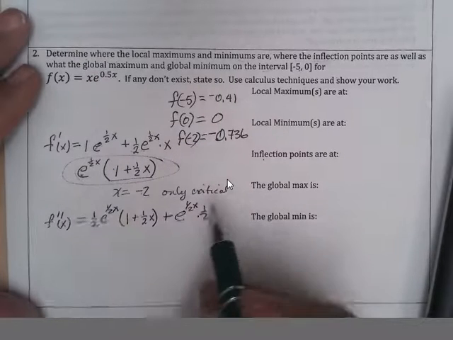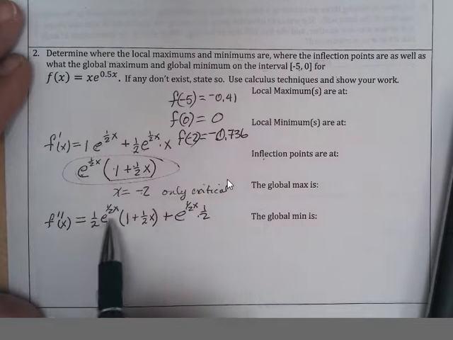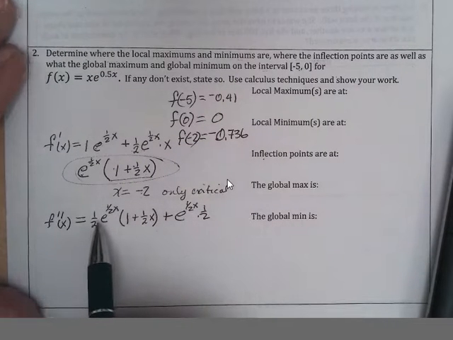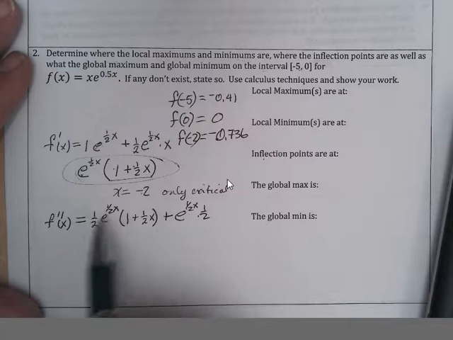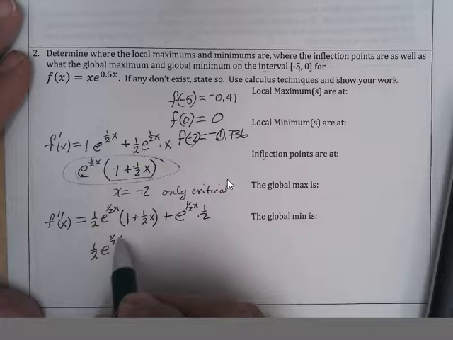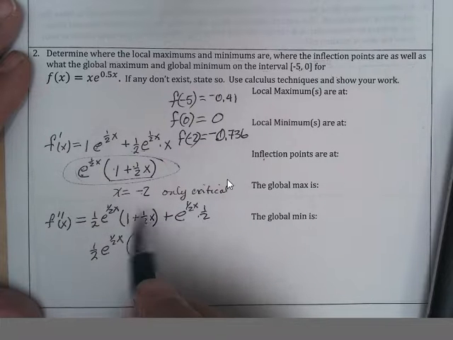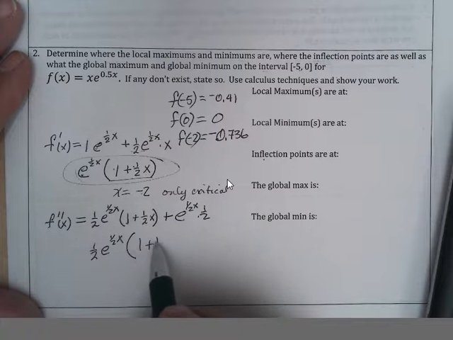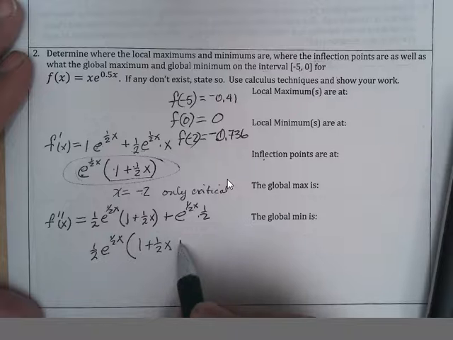But anyway, we've got it here, and I notice that there's a 1/2 e to the 1/2 x in both of these, and I get 1/2 e to the 1/2 x times 1 plus 1/2 x plus 1 for that one.